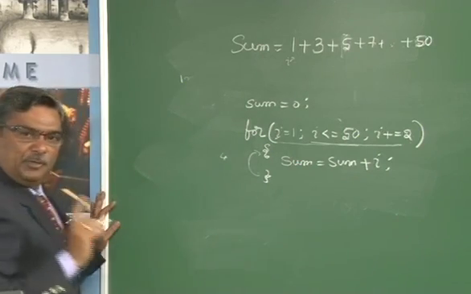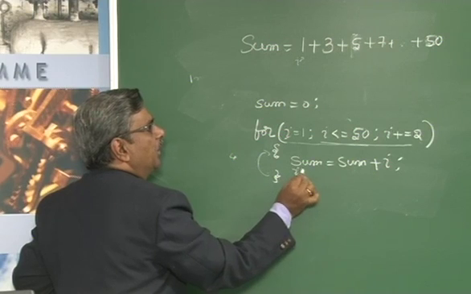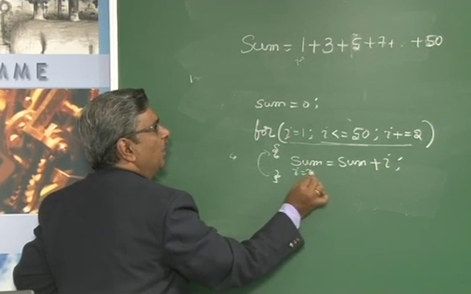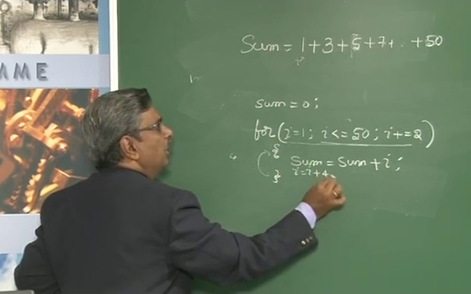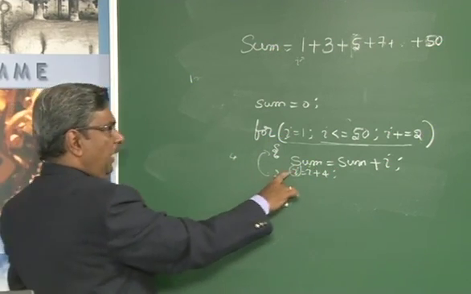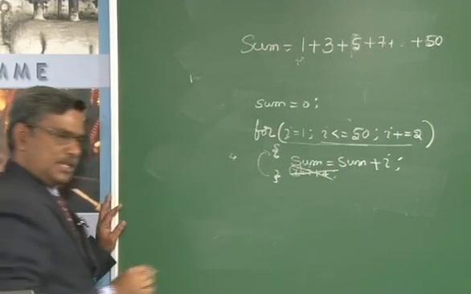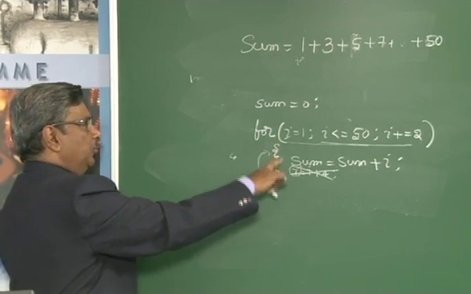One important thing you should observe is you should not change the value of I here. At any time you should not change the value of I by adding any value to it, you should not update. It should be updated automatically here. That is one thing you should always remember while using this.